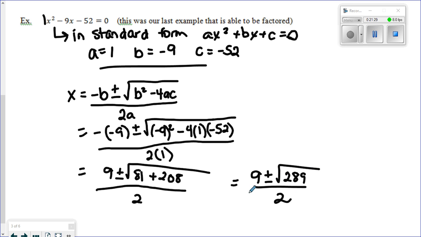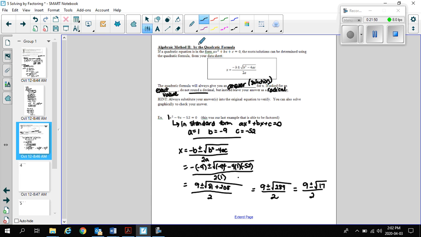divided by 2. And if you punch the square root of 289 into your calculator, you might not have recognized that, but it is a perfect square. So the square root of 289 is 17. So 9 plus or minus, oh, so now I gotta do this.